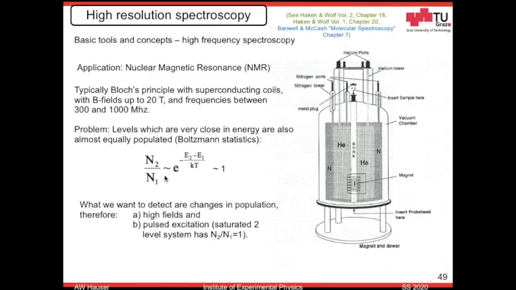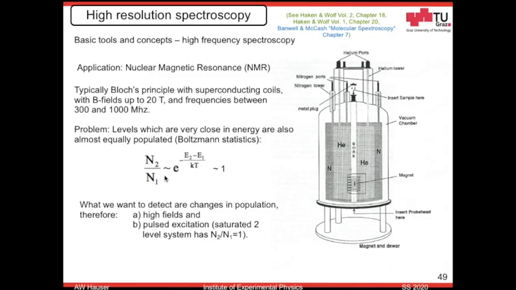Obviously, if we think now of a two-state system, a saturated, so a continuous excitation would only give you an equal population in both states, because it's as likely to excite from 1 to 2 as it is to de-excite from 2 to 1, right? So typically you would do a pulsed excitation mode in order to have more population in the upper state.